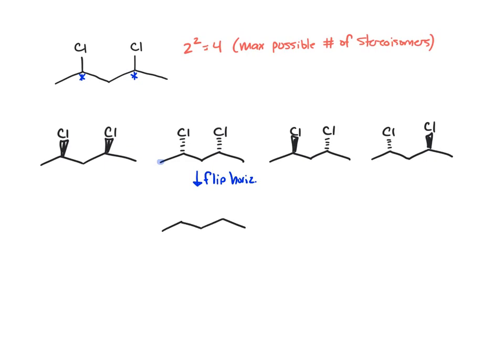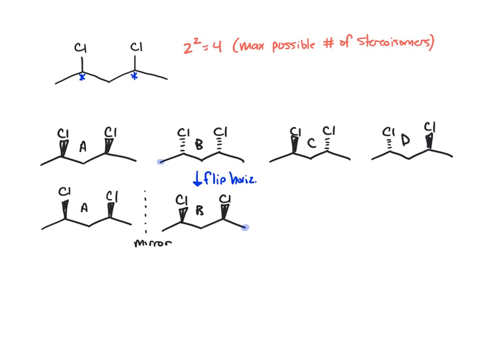When we flip that over, we flip that carbon from the left to the right, and that makes our chlorines come out by flipping it over. Okay, now compare it to, let's just do A, B, C, and D. Compare that to A. And these certainly are mirror images.